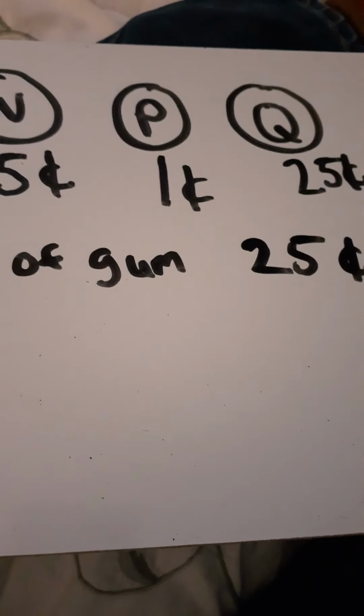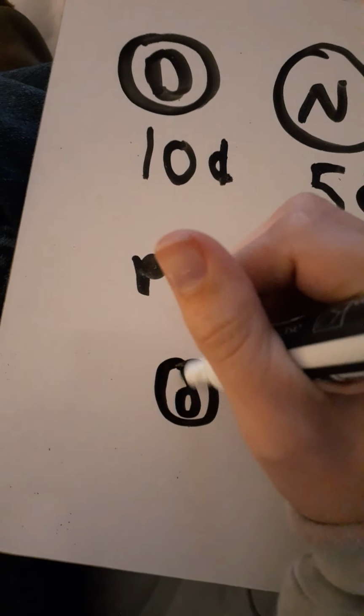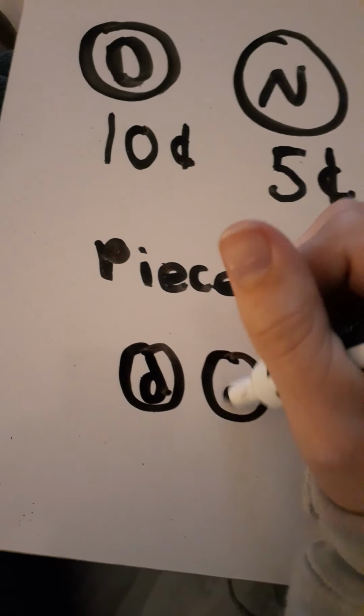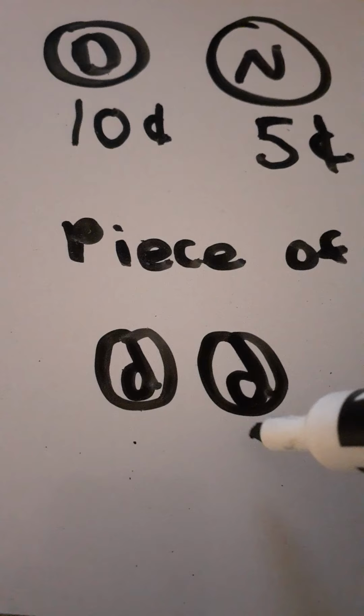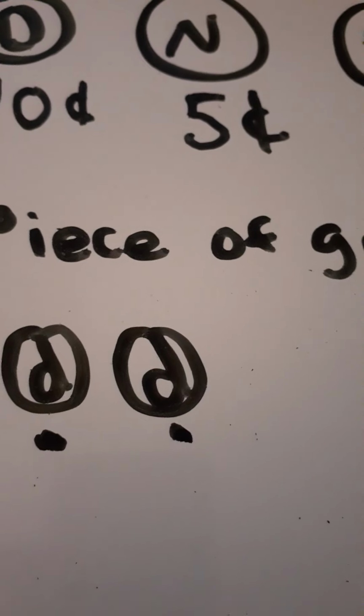So what could you use to buy with it? Like, what could you use to pay the money? You could use 2 dimes, because remember, dimes are worth 10 cents. So we have 10, 20. We need 5 more cents to get to 25.